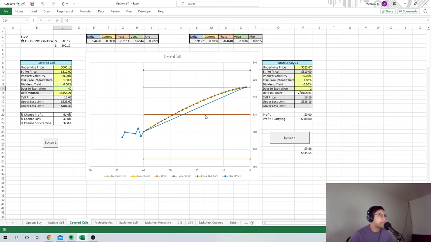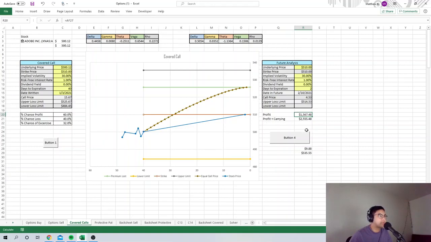So then it sets these lines, and let me see. Let's change this dot. So this dot would just change. This will show you the profit if it expired right here.